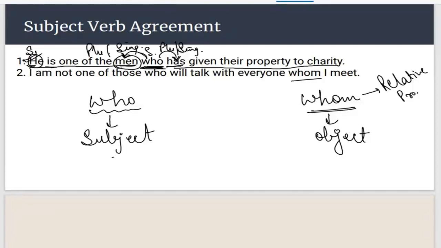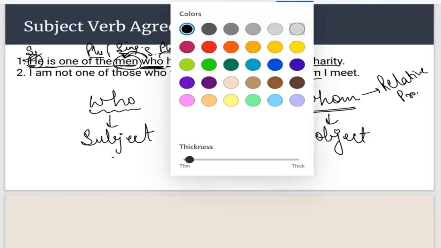It agrees according to the noun or pronoun mentioned just before who. If that noun or pronoun is singular, then the verb used will also be singular. And if it is plural, then the verb used will also be plural. Is this thing clear to all of you now?